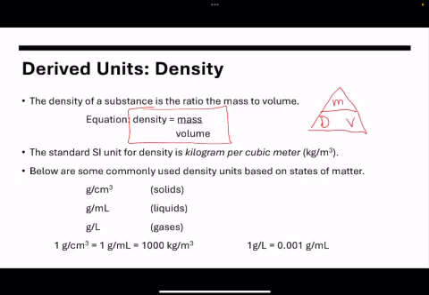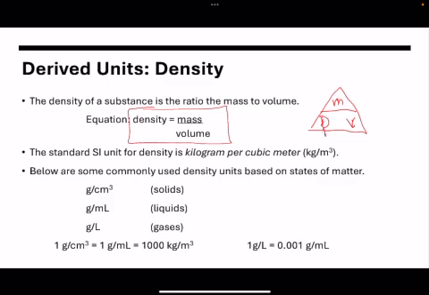I like to think DMV. So this helps you if you struggle a little bit with rearranging equations. You can use a density triangle as long as you remember DMV to help you figure out what your equation would be. So the way that you use this is you cover up whatever you're looking for.